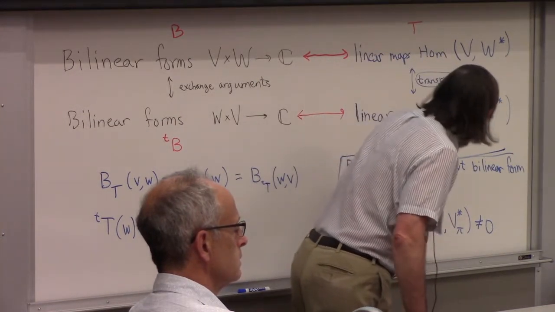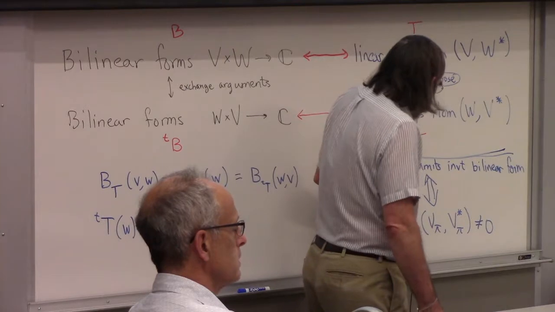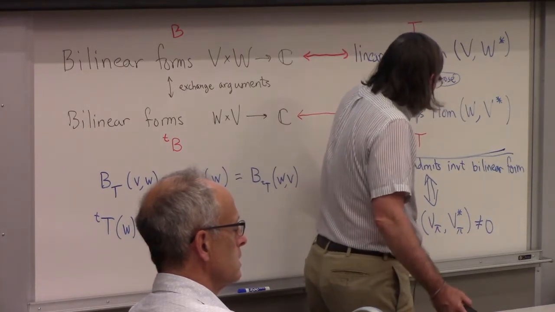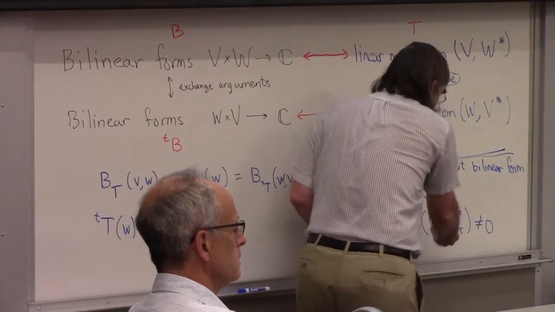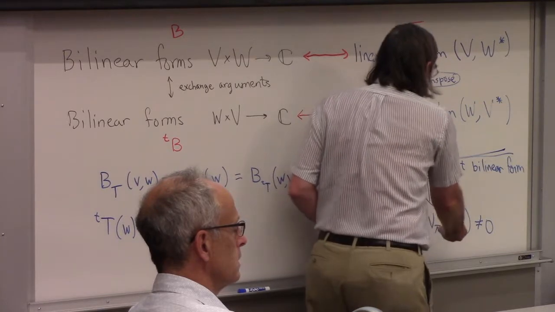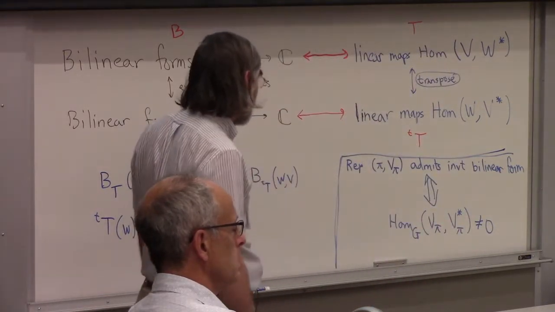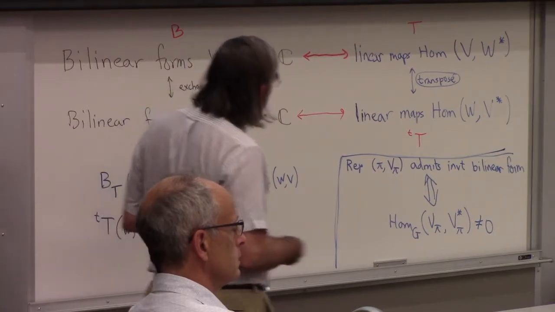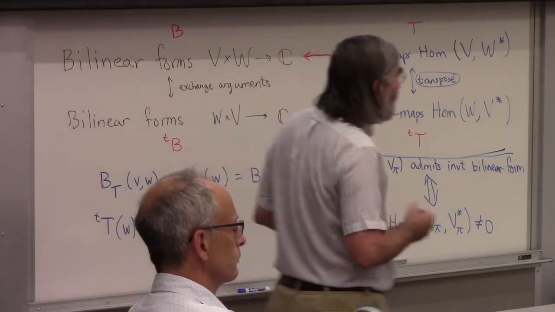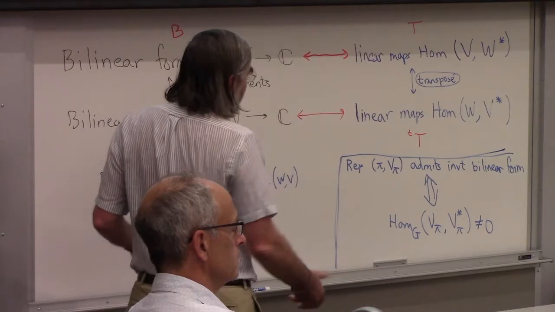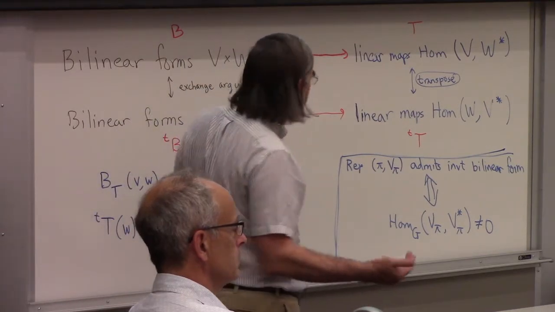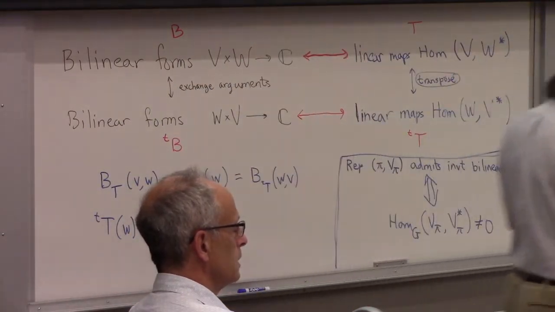It becomes a question of whether there's an intertwining operator, a G map from this representation to the dual representation. So that's the picture that we want to do for Hermitian forms.